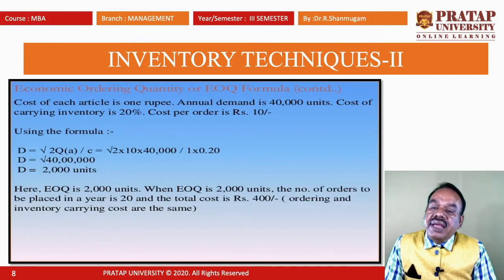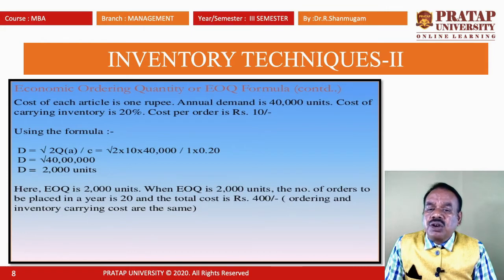Let's see. Cost of each article is 1 rupee. Annual demand is 40,000 units. Cost of carrying inventory is 20%. Cost per order is 10 rupees. So we have to apply the formula: capital D equal to square root of 2QA divided by C, equal to square root of 2 into 40,000 into 10, divided by 20% into 1.